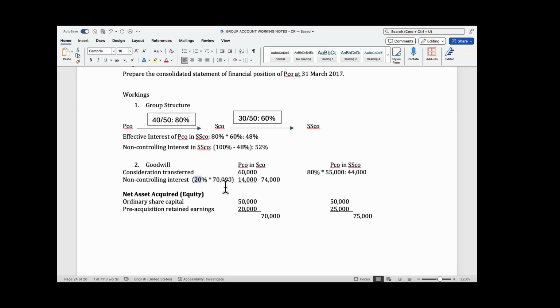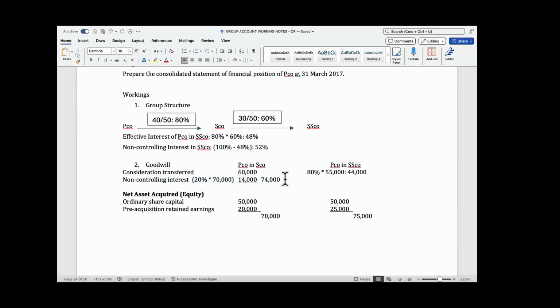Since we are doing proportionate share, it's 20% of the net asset of ESCO. NCI holding in SSCO, to get the NCI value, NCI has 52%, because the intention here is to calculate the NCI value, so that we are comparing 100% with 100%.